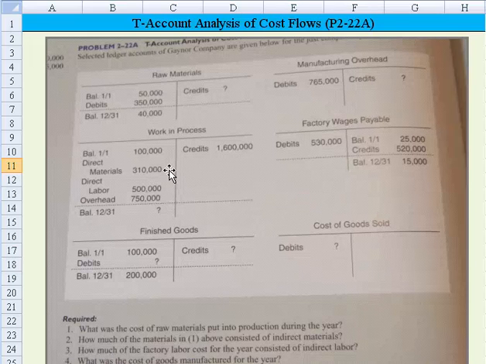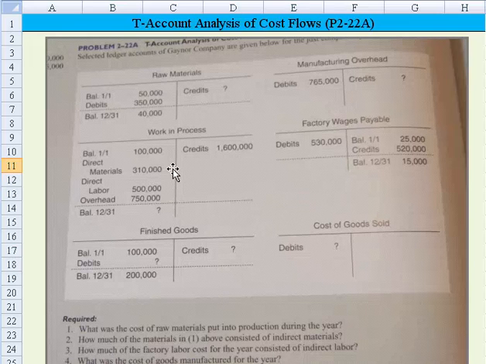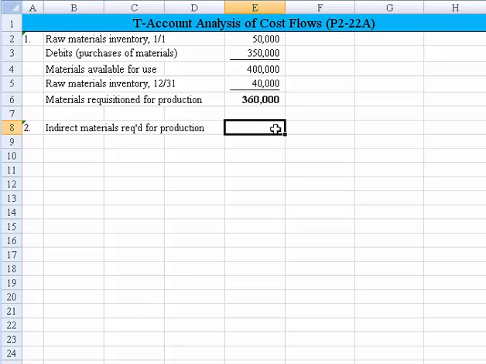So if our raw materials consists of both direct and indirect materials, then the difference must have been the indirect. So let me go back here and show you. There's the 310 to the left of my mouse coming from direct materials. So we're going to say what's the indirect materials requisitioned for production would have been equal to the 360,000 less the 310,000 that we identified as debits. So that net amount would have been 50,000.